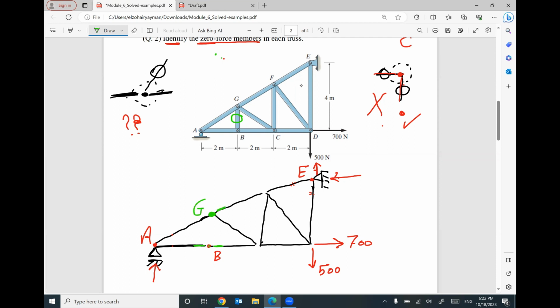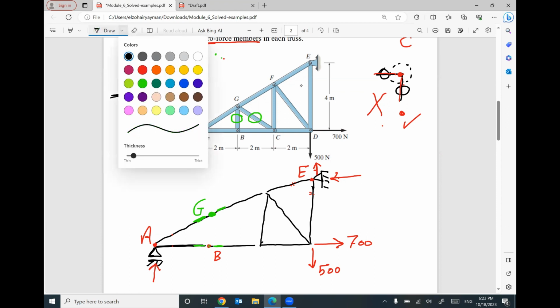Two of them are collinear, no given force, no reaction. The third member will be zero. So this member also will be zero. Looks good. Go ahead and delete this member because the member is zero.